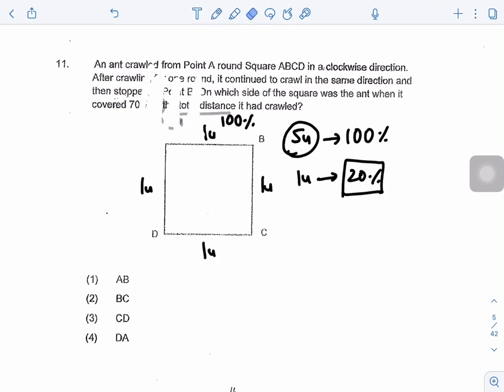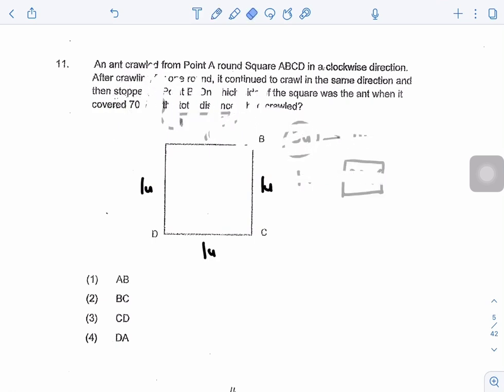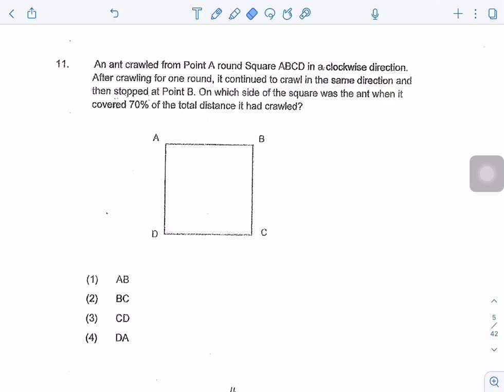So what I'm going to do is change what I said just now. Let's make one side 2 units. If one side is 2 units, he crawled A to B 2 times, right? So in other words, this is 2 units, 2 units.